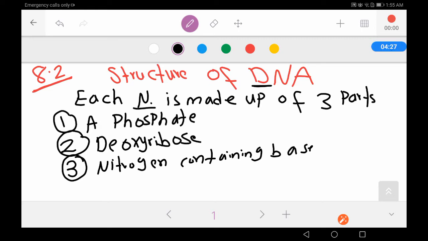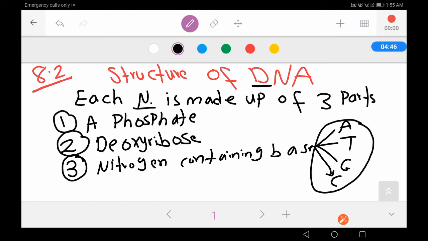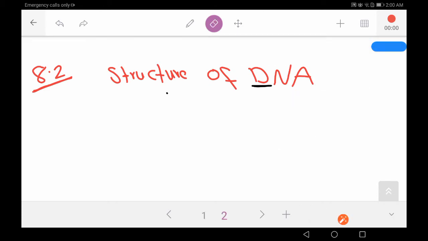Okay, it may be adenine or thymine or guanine, or maybe it is cytosine. Okay, these are the 4 types of nucleotides that are found in DNA. Okay, but we have billions of these nucleotides. As a number, we have billions of these nucleotides.